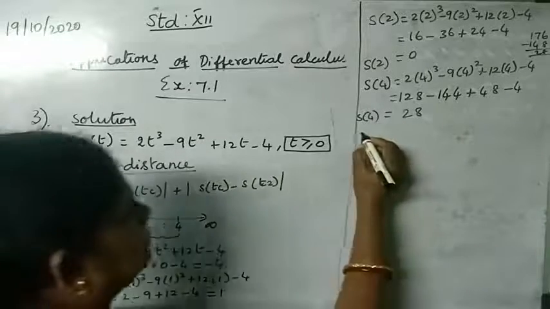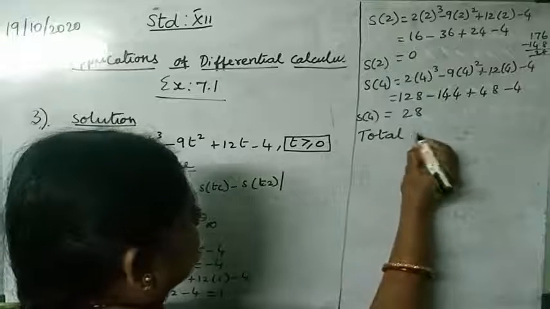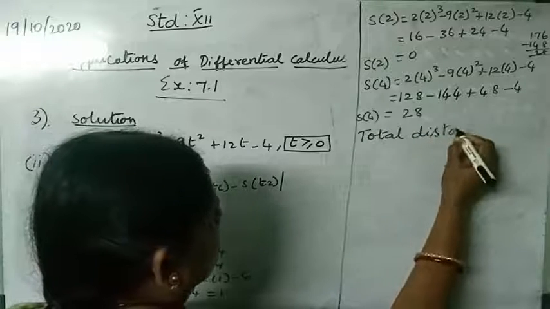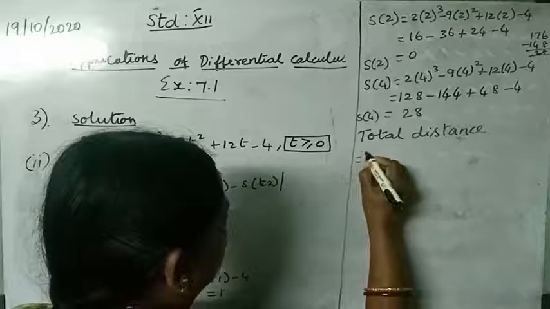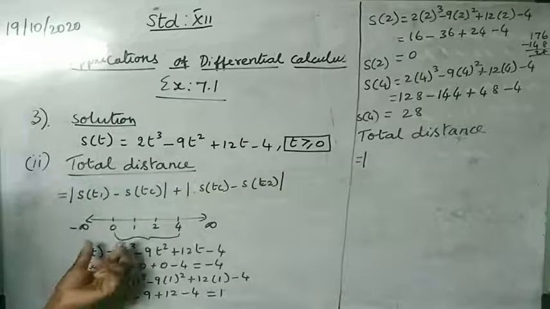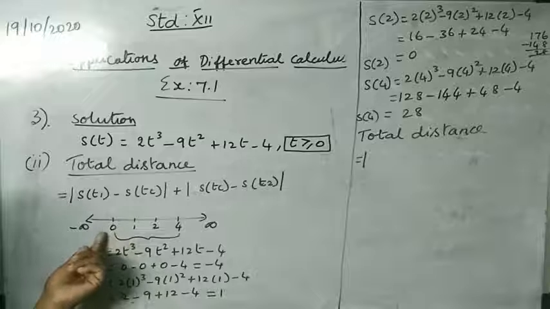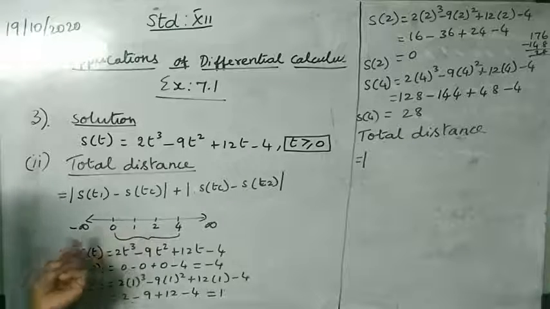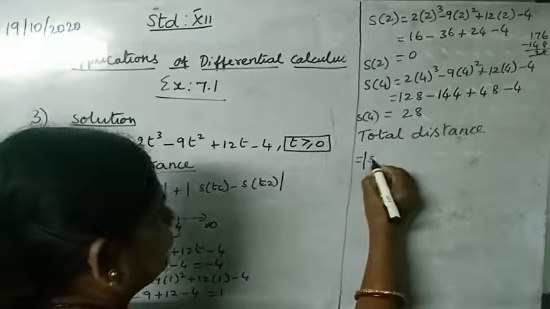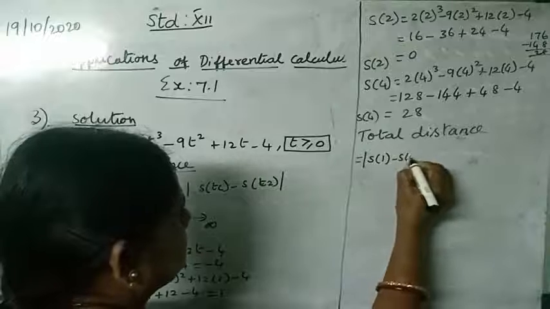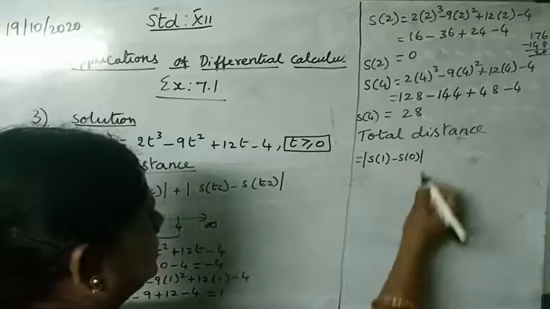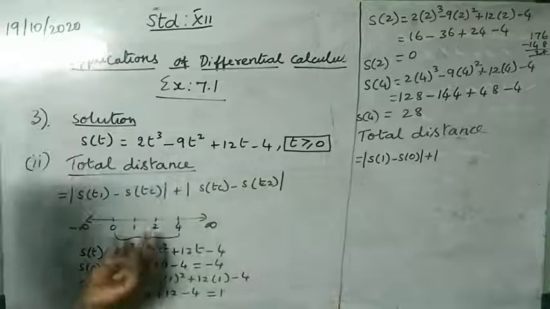Now take the formula: total distance is equal to modulus of, the first interval is 0, 1. Take the greater value minus smaller value, so S of 1 minus S of 0. First interval plus next interval 1 and 2.